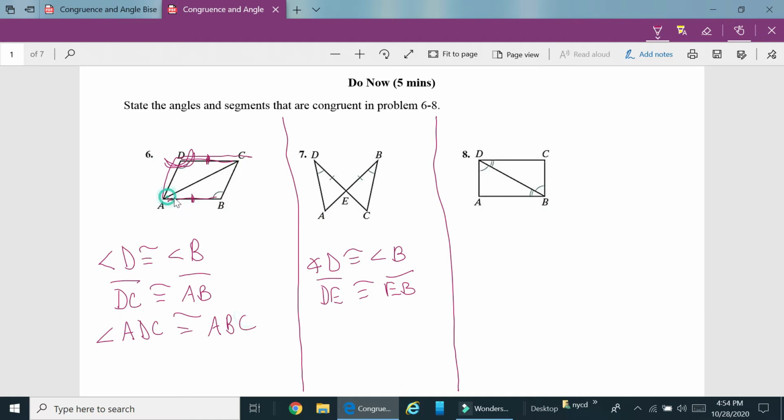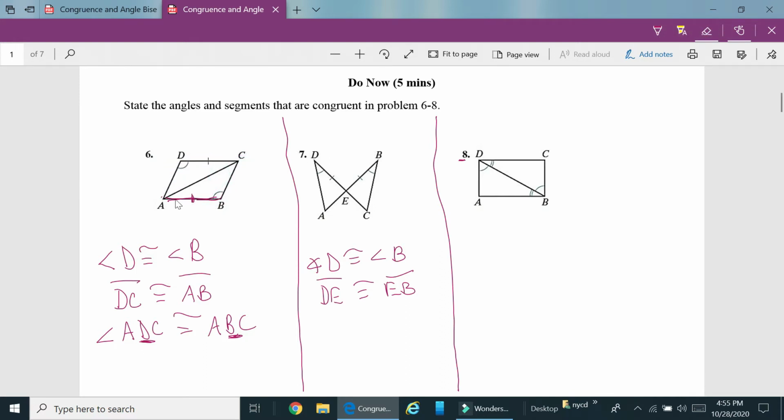You'll see why I discussed that in a second. So ABC right there. Now, remember what I discussed in class: the letter that's in the middle, when you start from one endpoint and you follow through to the end, the letter in the middle is the angle. And if you look at number 8, you can see we can't use a single letter because the single letters are sharing two angles. And that's why I'm discussing that right now.